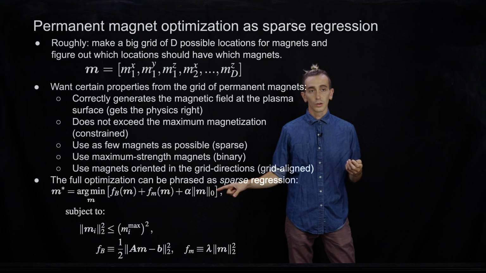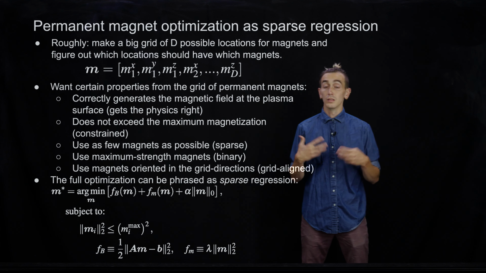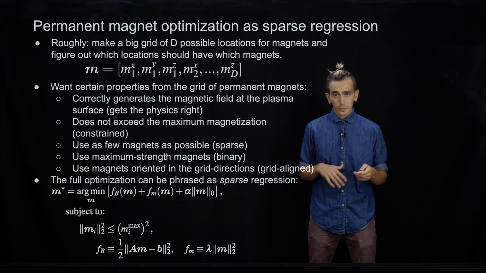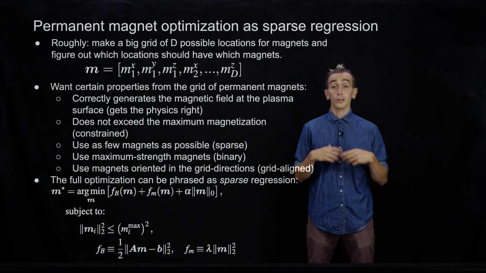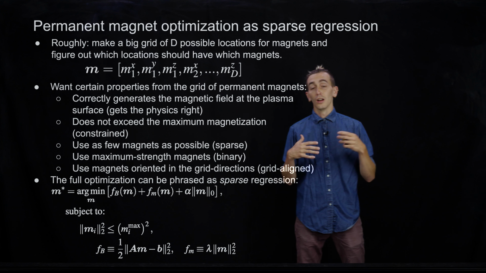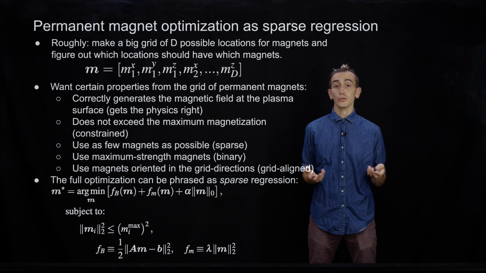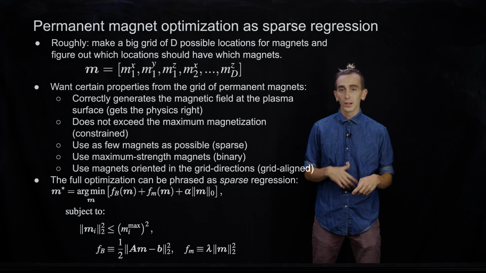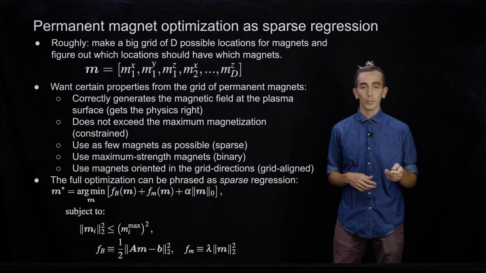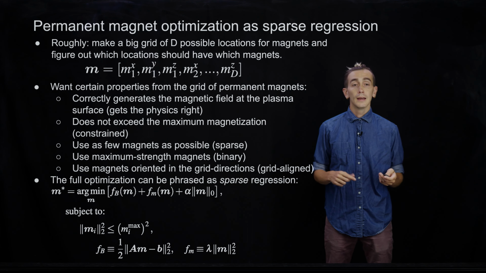And importantly, the L0 norm is non-convex, so this is quite a complicated optimization problem. It is a constrained optimization problem, and the dimension of m can be like 100,000. So solving a 100,000 dimensional non-convex constrained optimization problem can be very, very challenging.